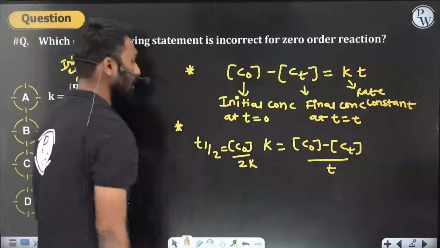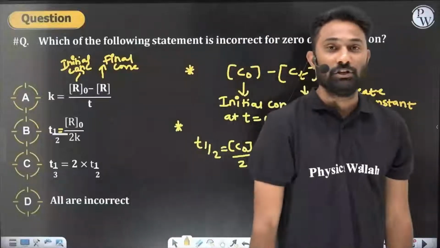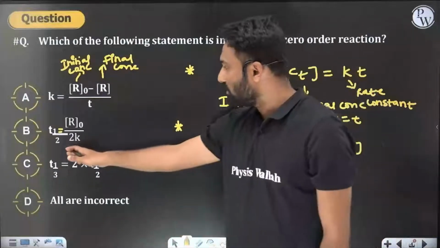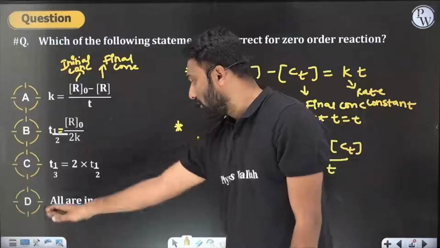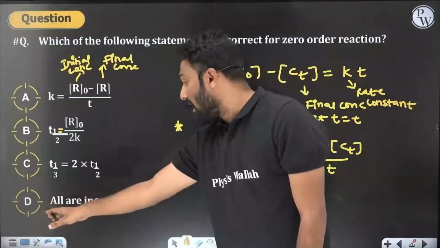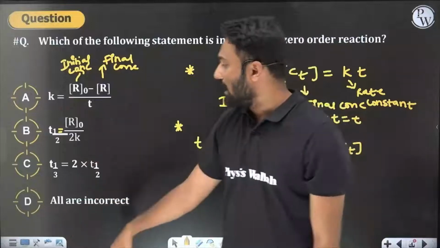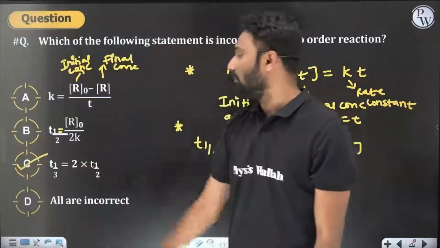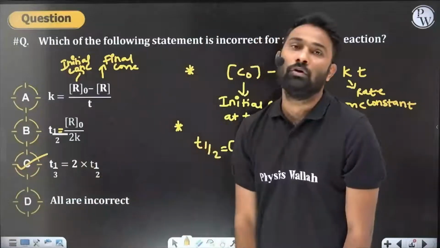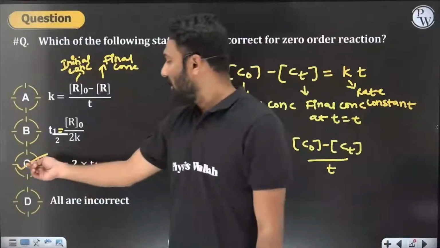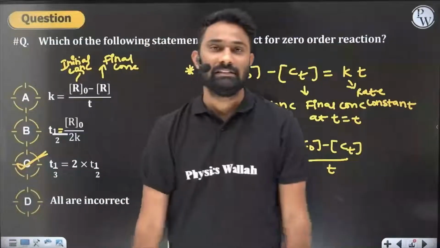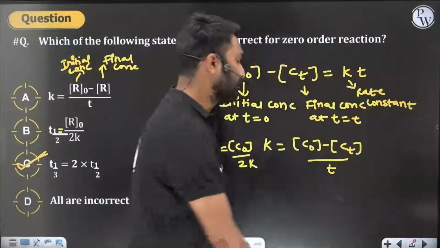This is the half-life formula for the zero order reaction. Now this option is also correct. Now is the D correct? All are incorrect, so this is also wrong. Now the answer, it is t 1 by 3 is equal to 2 into t half. Actually, so this is the incorrect one. Next question.